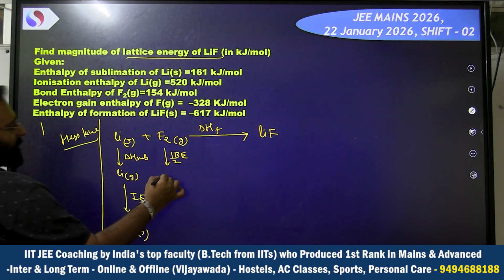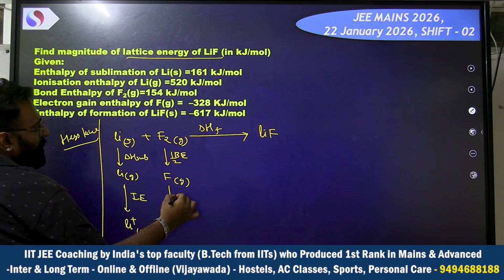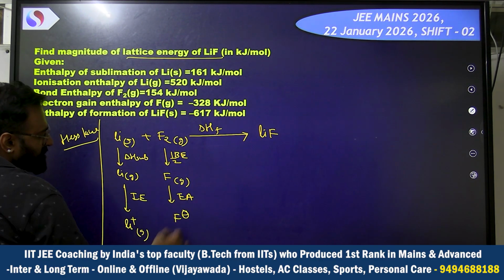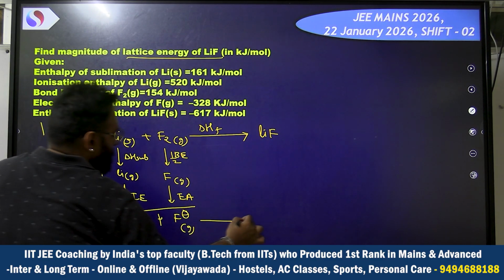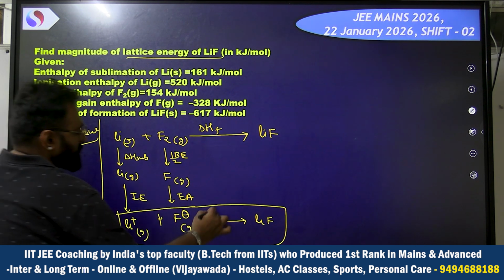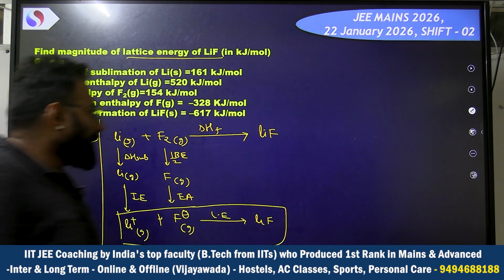So it produces F. Then comes electron affinity, it gives F minus, and combining Li plus and F minus gives LiF. So here it is lattice energy. Correct? This is the Hess law.